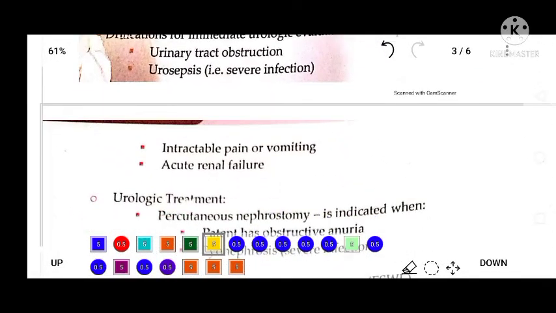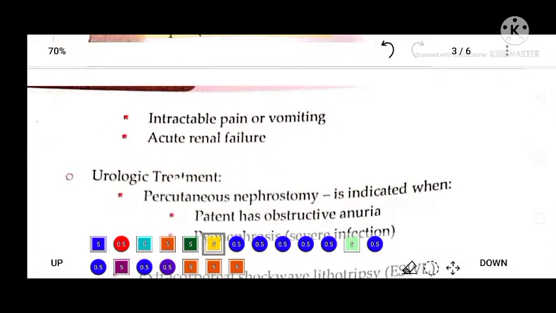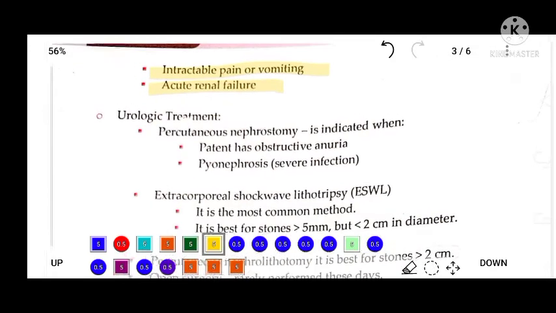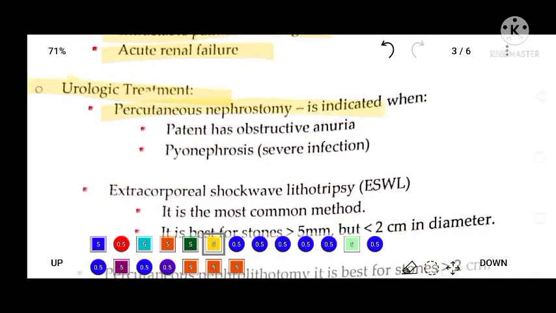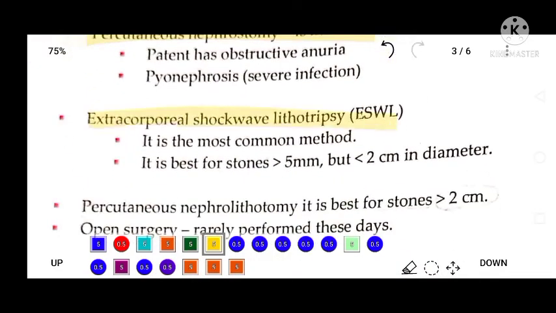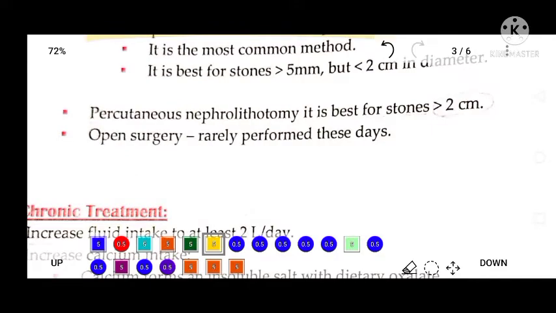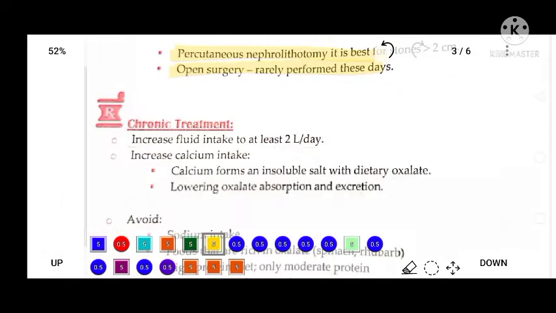If there is obstruction, then urosepsis, intractable pain, or vomiting can be there. Acute renal failure can also occur. Then urological treatment is percutaneous nephrostomy, extracorporeal shock wave lithotripsy, and percutaneous nephrolithotomy, with open surgery performed if needed.